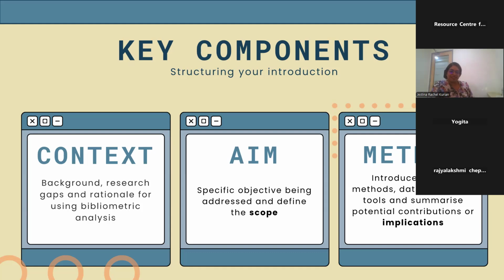Perfect. And there is a gap and rationale, because for most of the diseases, CVS or diabetes, there is less on obesity. So can I use that as a gap or rationale, ma'am?